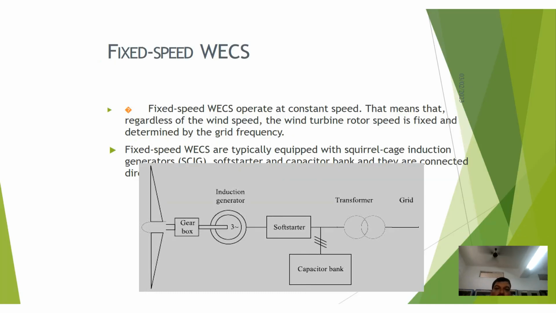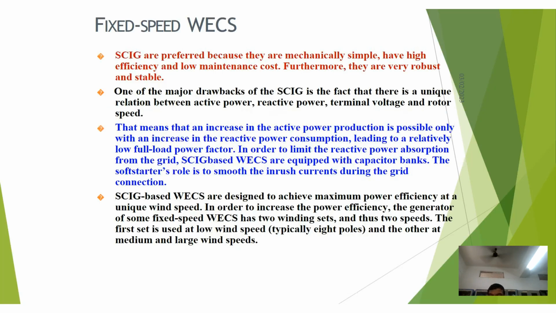That's why we connect the wind energy conversion system with an induction generator and capacitor bank, so that it rotates at constant speed. When that constant mechanical speed is given to the generator, it converts into electrical energy. So these are the fixed speed energy conversion systems.